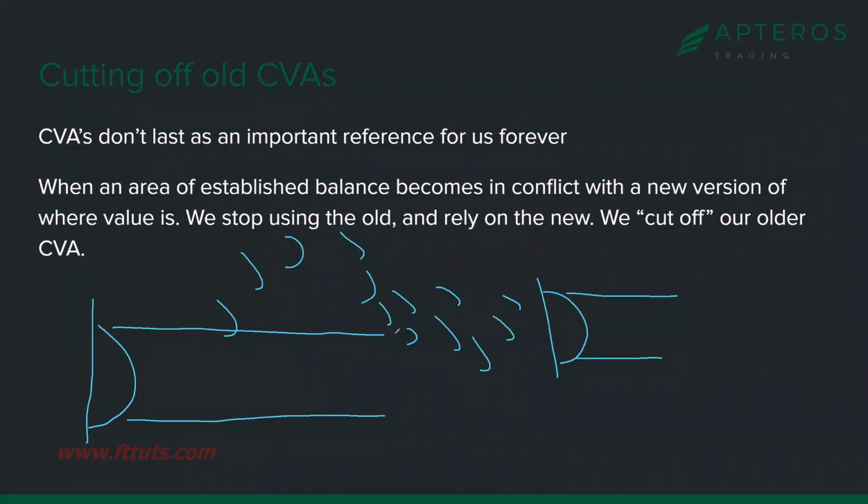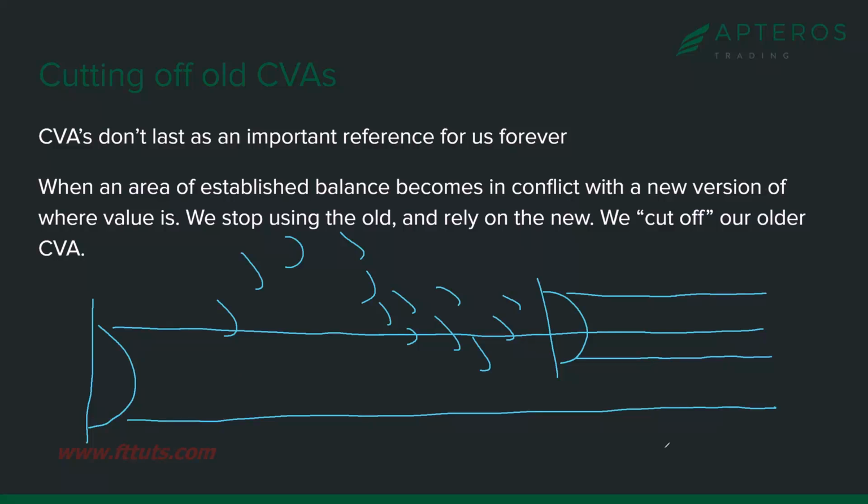Are we gonna use all of these levels? No, we're not. We're gonna cut off the old, and we're gonna use the new. Especially this area, which used to signify the upper edge of a balance area, value area high, this is especially gone.